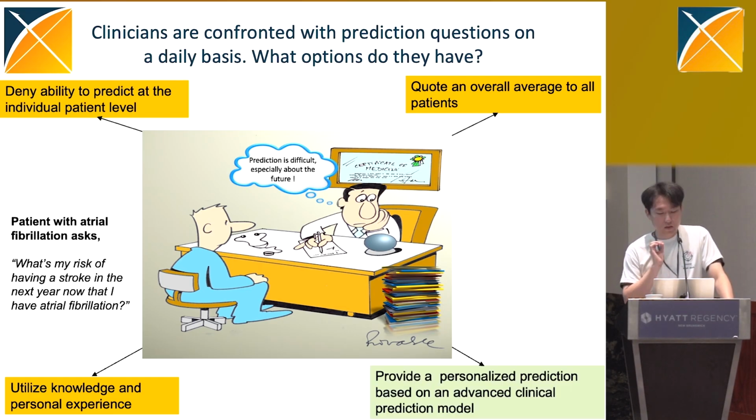Maybe in an ideal world, the doctor would provide a personalized prediction based on an advanced clinical prediction model, which takes the patient's whole medical history and gives a personalized risk estimate. Someone said prediction is very difficult, especially about the future. But we have some good news.